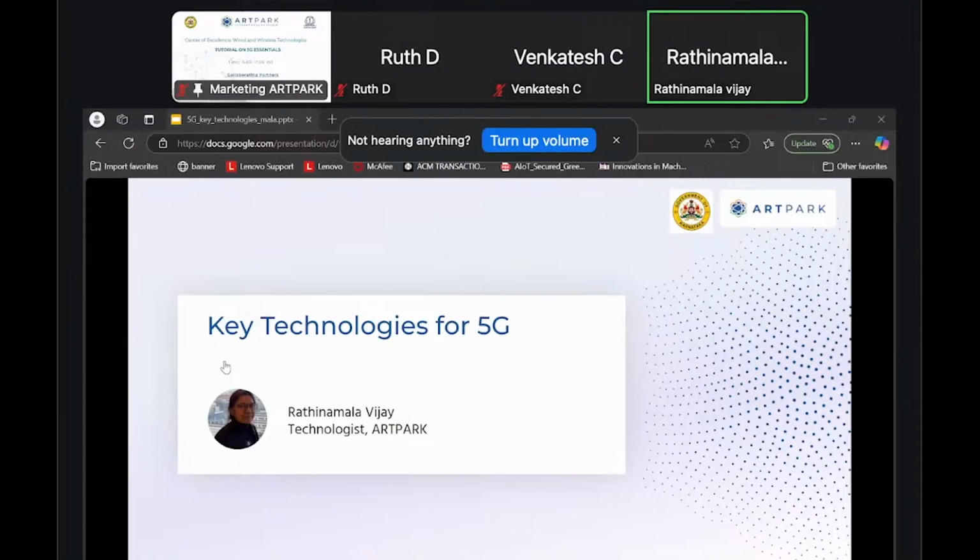He also presented 3 research and development programs happening in ARTPARK, like drone corridor, digital twin, and intelligent connected vehicles. When you visit ARTPARK, you'll be able to see some of the setups and demos of these programs. So I welcome all of you.